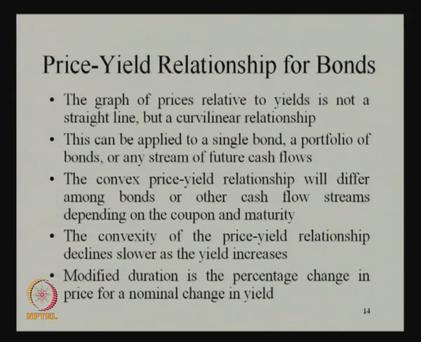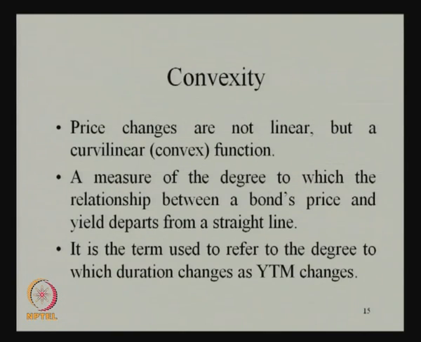Modified duration is the percentage change in price for a nominal change in yield, which we have already discussed. If you assume that price changes are not linear, but a curvilinear or convex function, then a measure of the degree to which the relationship between a bond's price and yield departs from a straight line is defined as convexity.